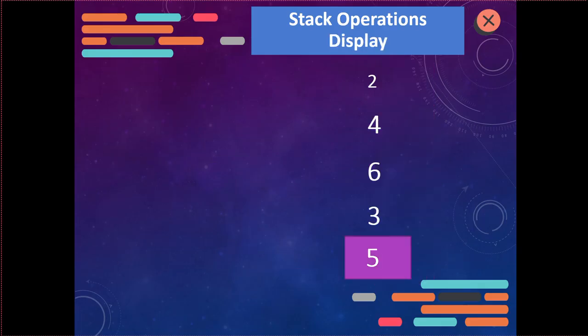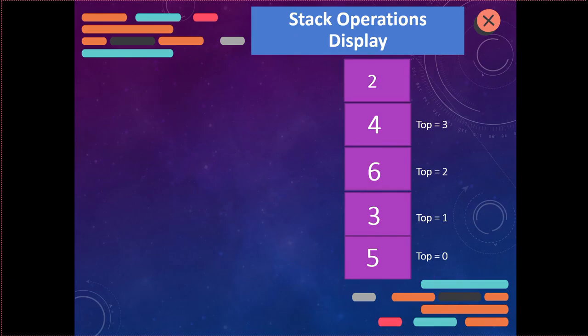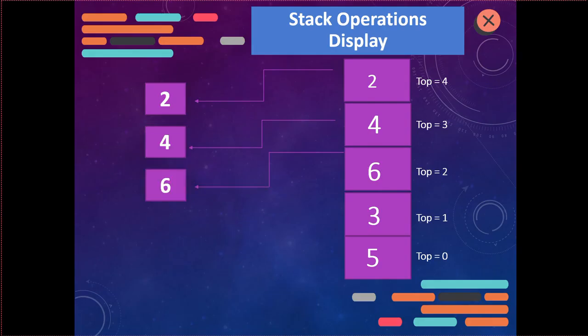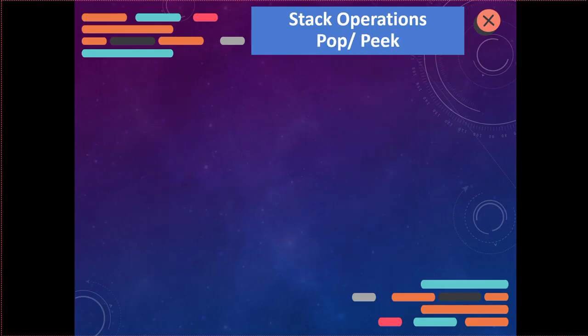Then if you want to display the elements of the same stack, you would do that from the top end. That means 2 would be the first one to be displayed, then 4, then 6, then 3, and then at last 5, right?